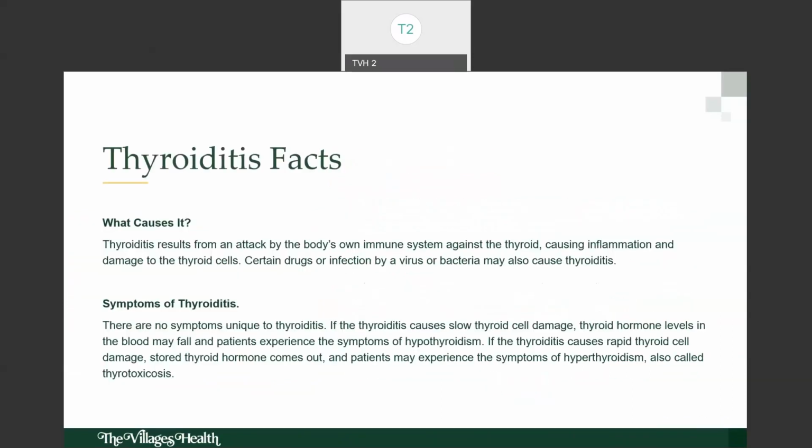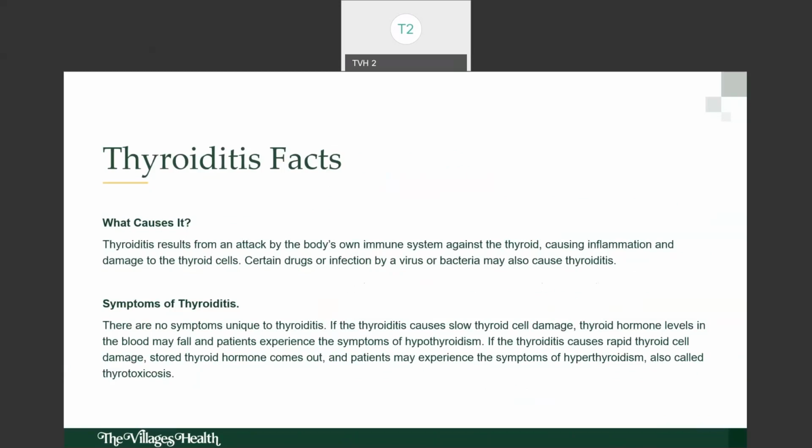Some facts about thyroiditis. It usually results from an attack by the body's own immune system against the thyroid gland, then causing some inflammation and damage to your healthy thyroid cells. There are certain drugs or even infections by viruses or bacteria that could cause thyroiditis. Now, as far as symptoms, there's really no symptoms specifically for this condition.